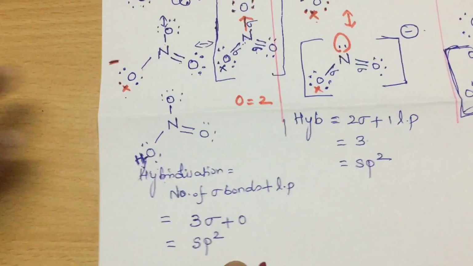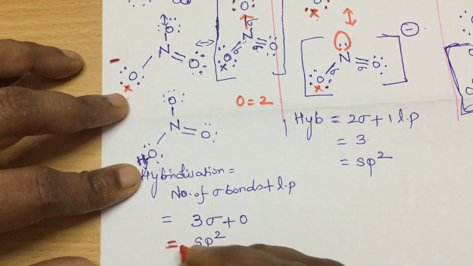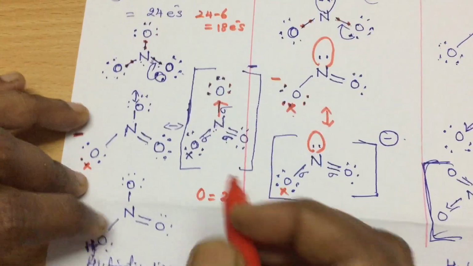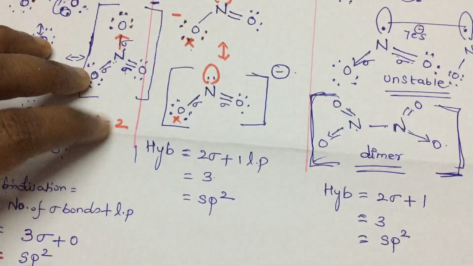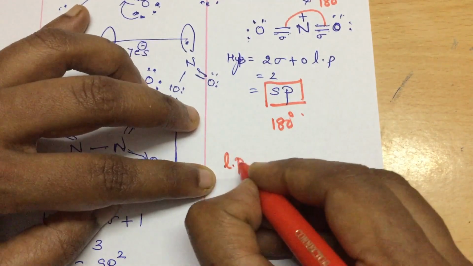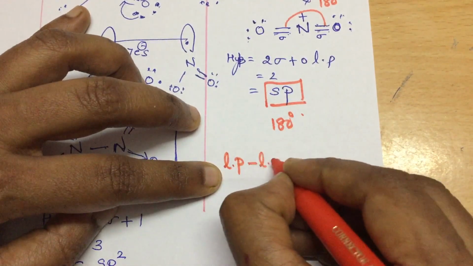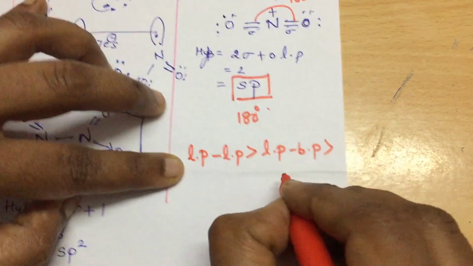And here sp2, what is the shape? It must be trigonal planar. See here, this is the structure, trigonal planar. Is there any lone pair? While finding the bond angle, you must consider this rule: lone pair repulsion is greater than lone pair bond pair repulsion.